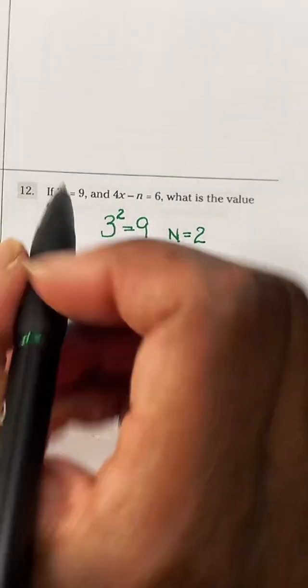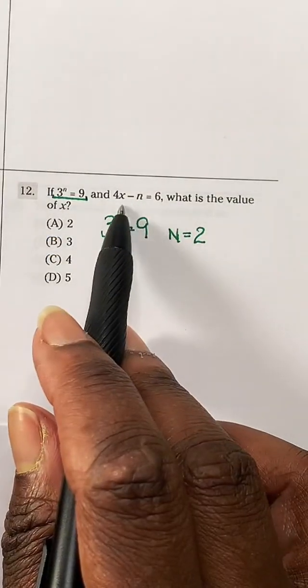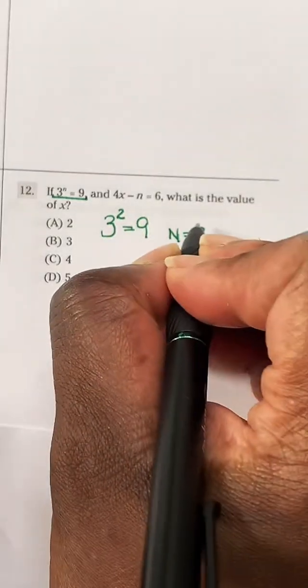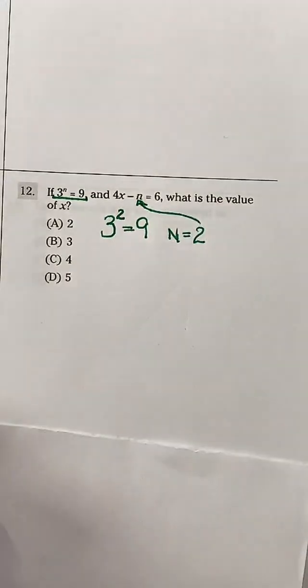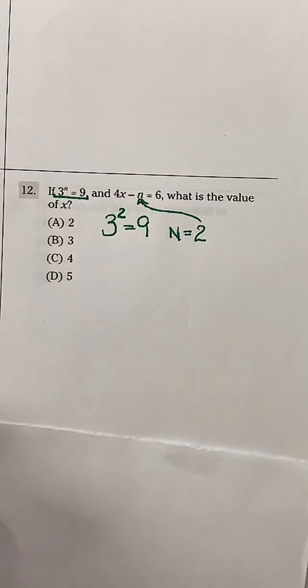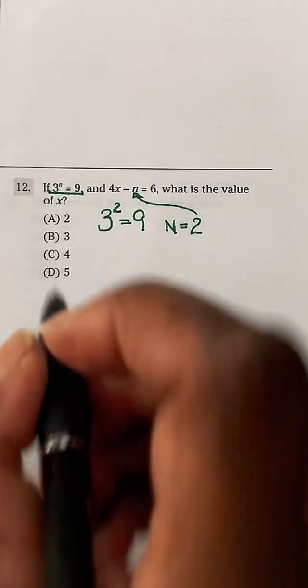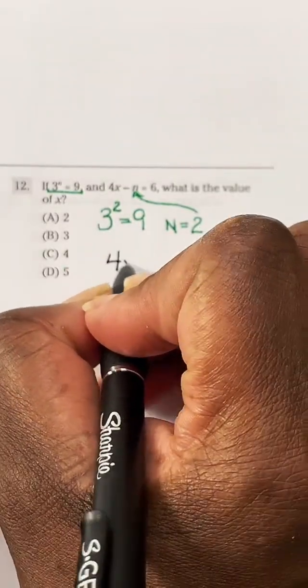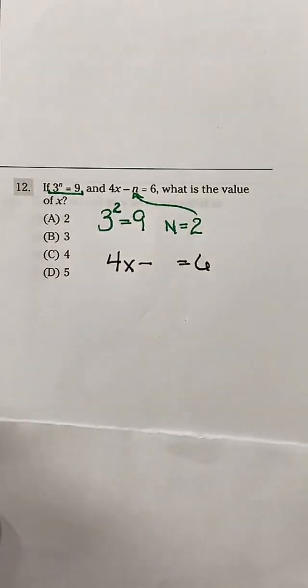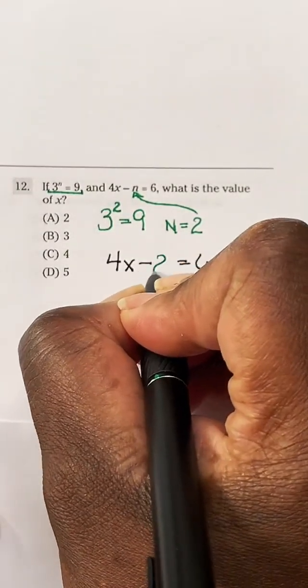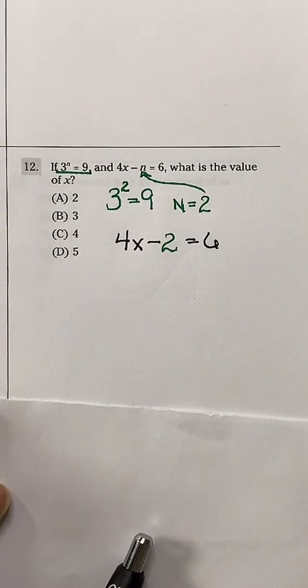We got that from this little bit of information here. So now we're going to take this 2 and plug it in for the n in the equation. So it's going to look like this: 4x minus the 2, and it's going to equal 6.